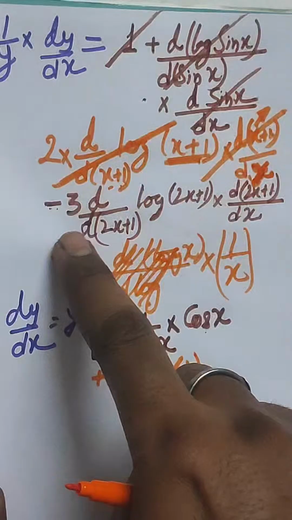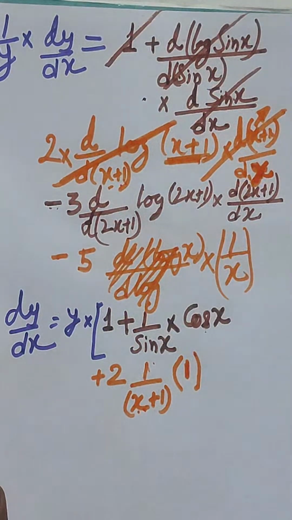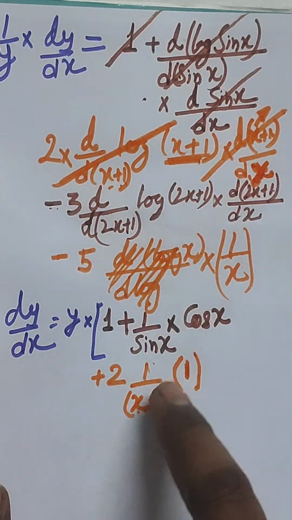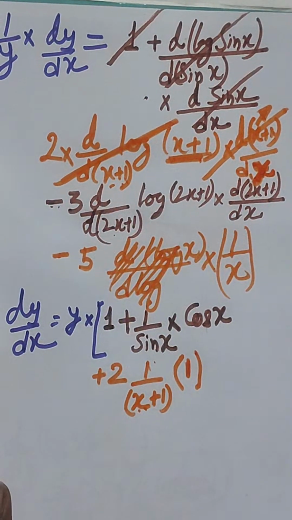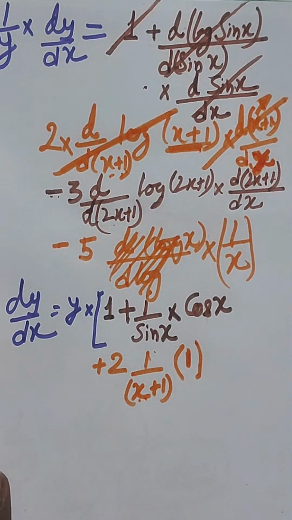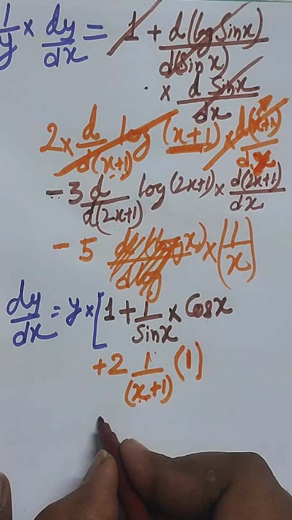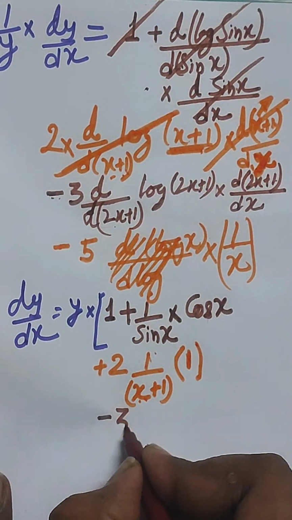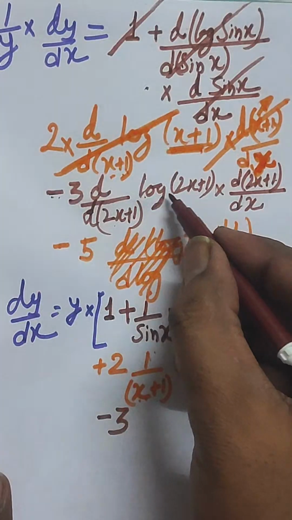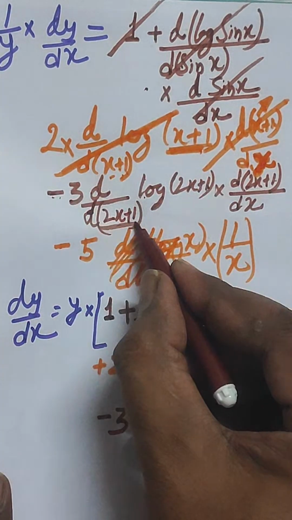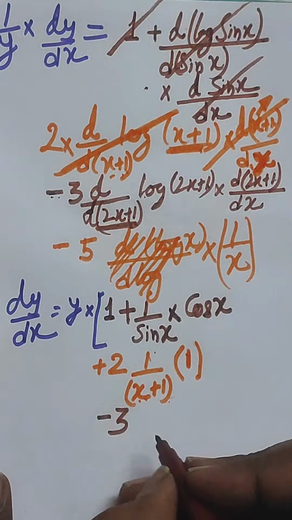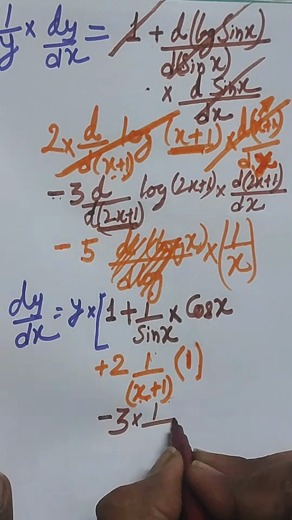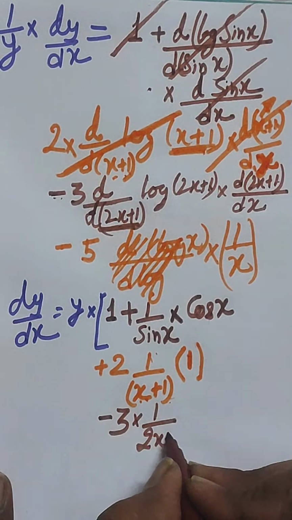Now the fourth term of the RHS is minus 3 times the differentiation of log of 2x plus 1 with respect to 2x plus 1. So it will be, as we did earlier, 1 by 2x plus 1, right?